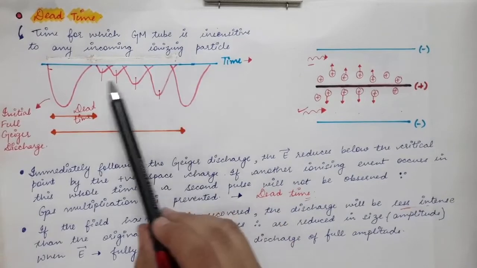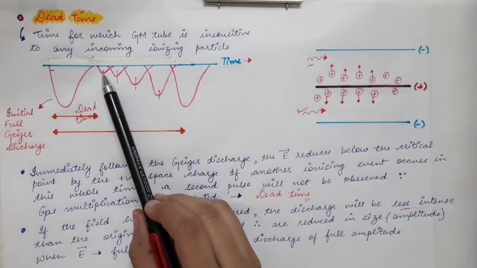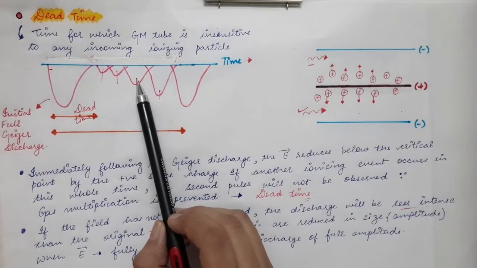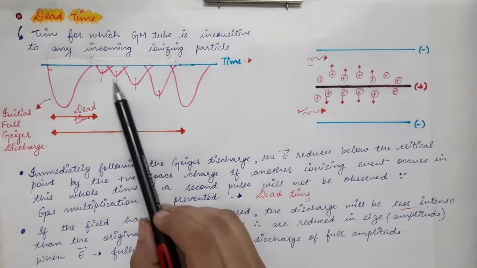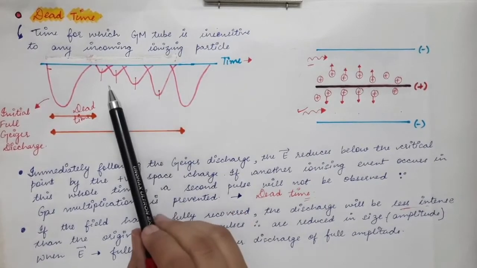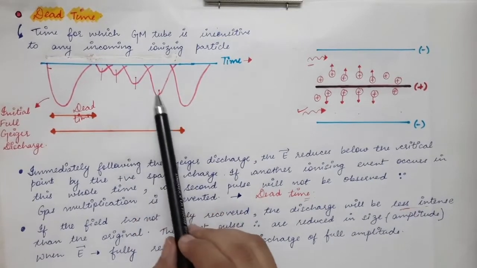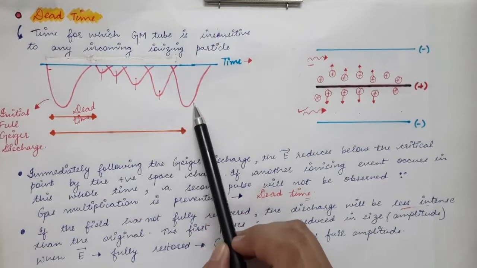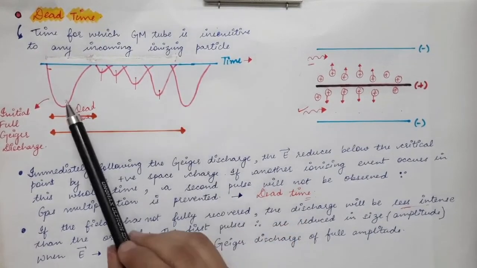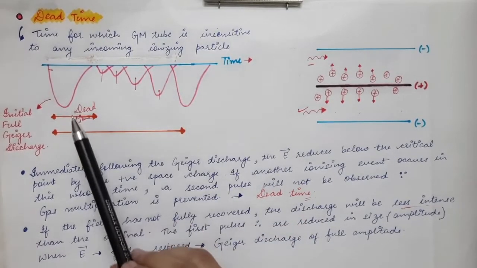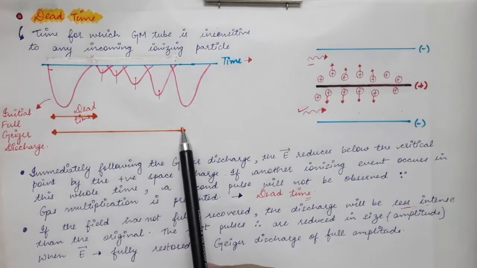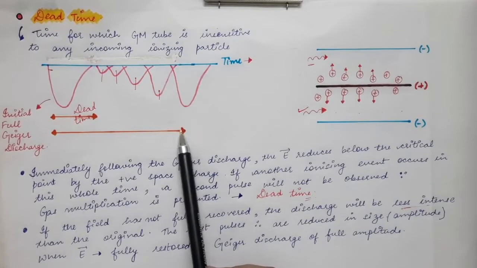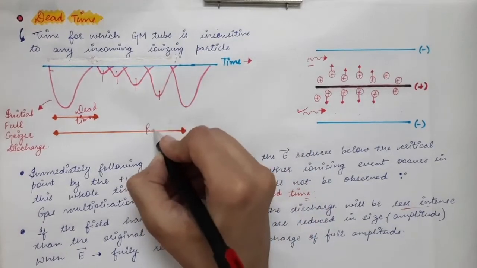As you can see, this is for one particular particle, this is for another ionizing particle entering, and for every ionizing particle entering, the pulse height will increase, and after some time the pulse height will reach its maximum value, as that of this one. This time period in which the amplitude of the Geiger discharge gets restored is called resolving time.